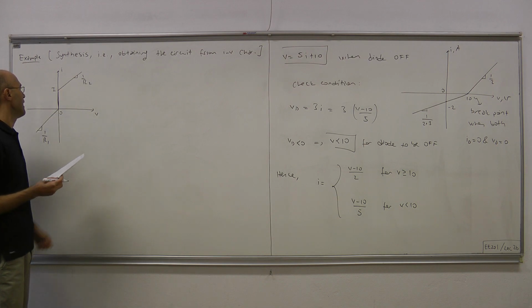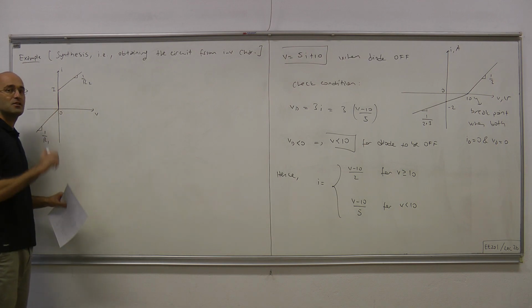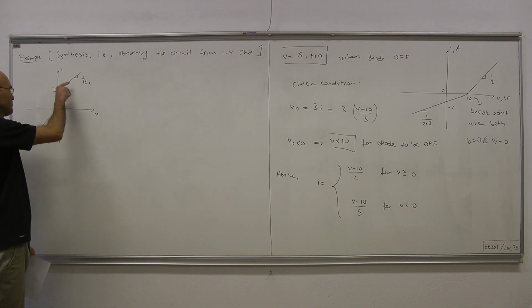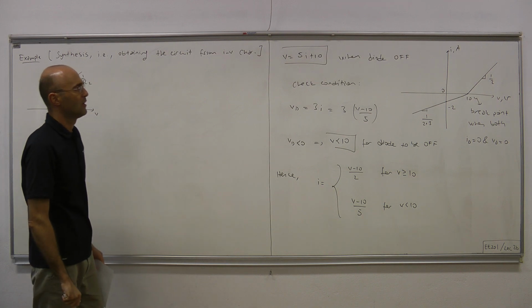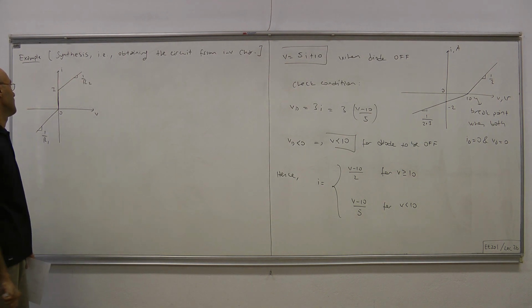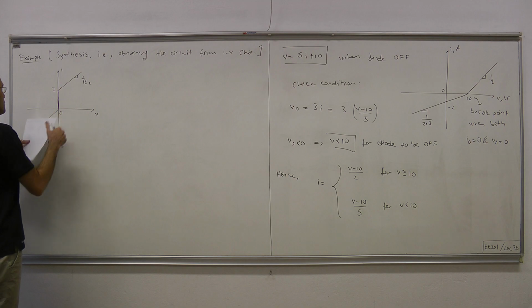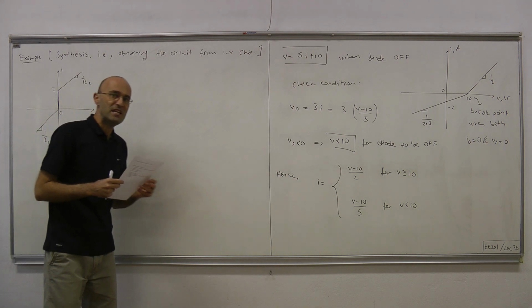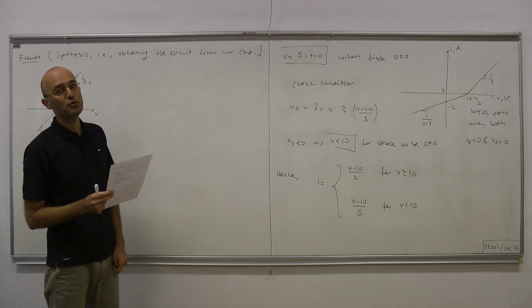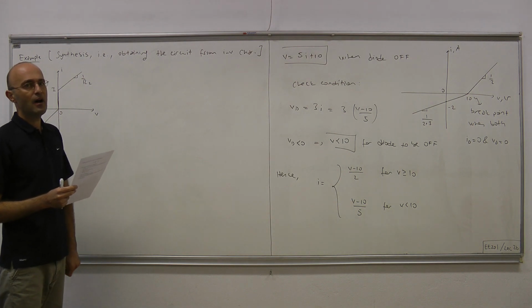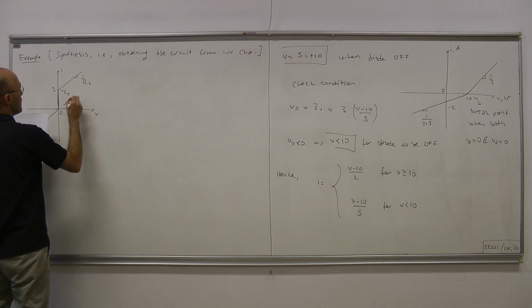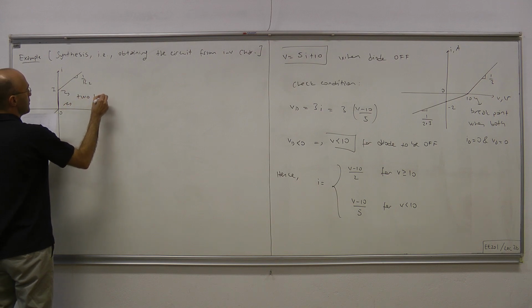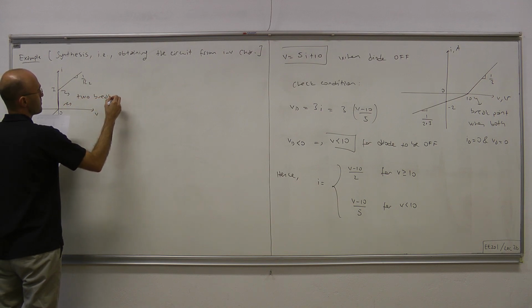First thing we realize is that it has two break points. Okay. By break point we mean the point where the slope is discontinuous. Okay. So two break points mean that we need at least 2 diodes to realize our design.